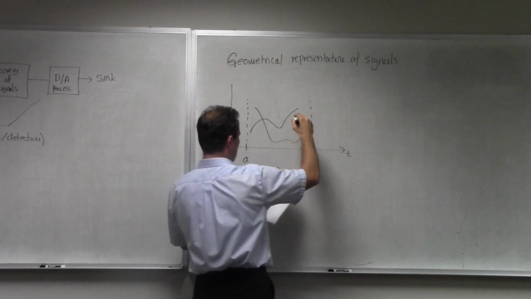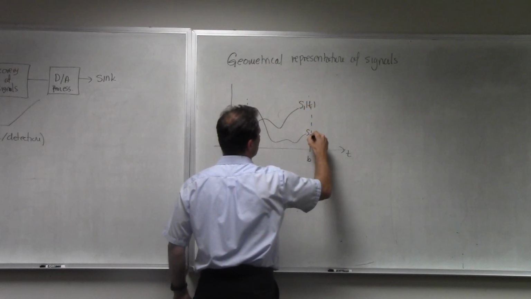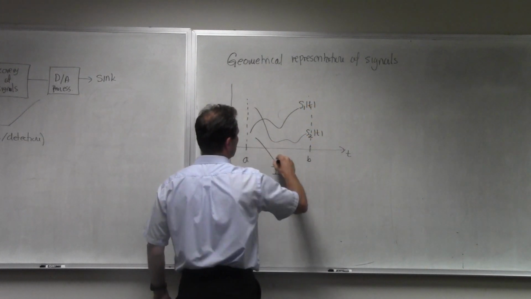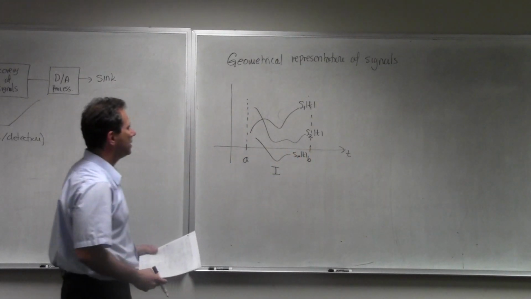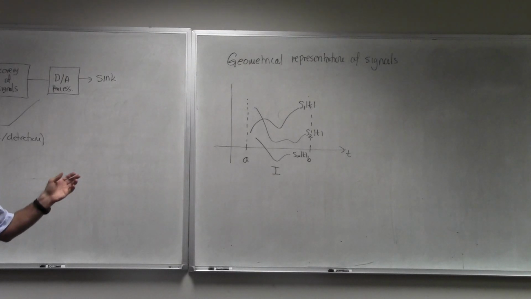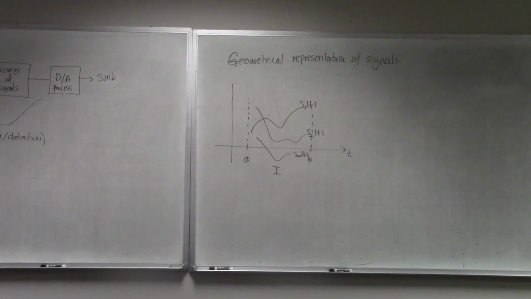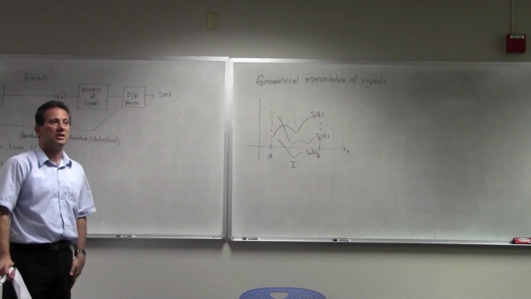I'm going to designate them as S1 of t, S2 of t, Sm of t, and so on. How many of these signals do I have? I have m, where m can be potentially infinite, right?